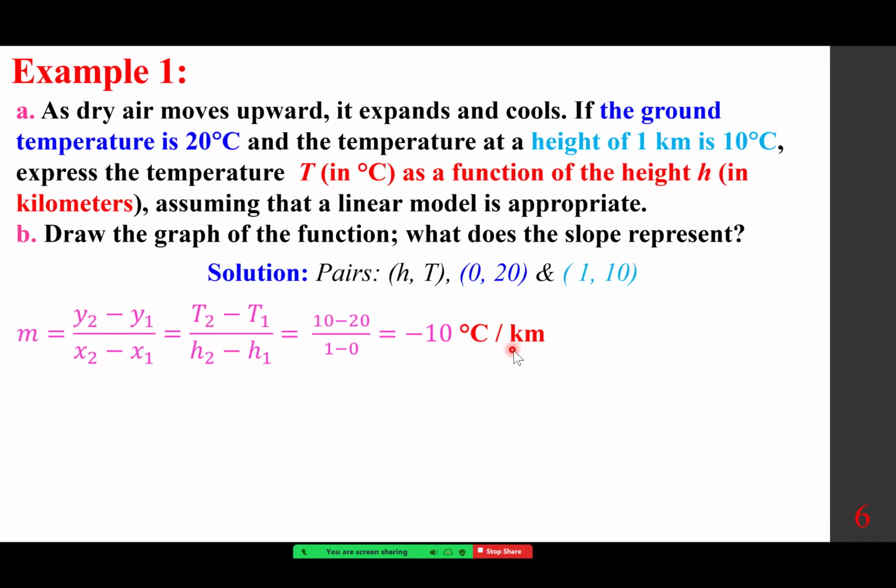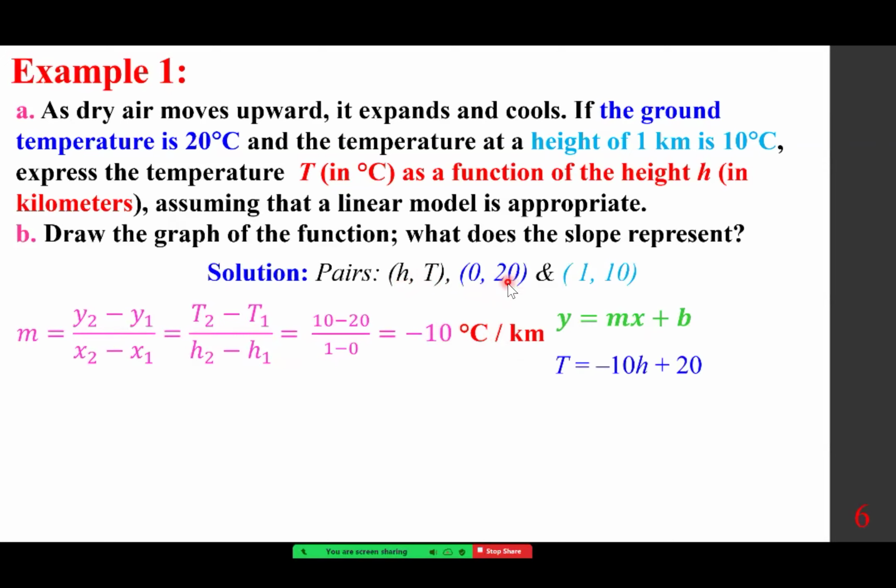And remember, when we have the y-intercept, we use y equals mx plus b. So we are going to use exactly the same thing. Instead of y, we say t equals m, which is minus 10. Instead of x, we say h: minus 10h plus b, which is 20.